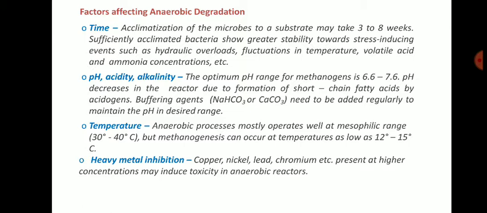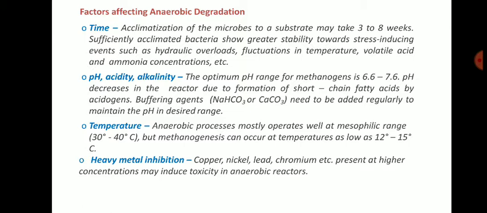Now, if these microorganisms were exposed to the organic matter in the past, the acclimatization time will be less and the treatment process will start within a short time. So time is very important as far as anaerobic degradation of organic matter is concerned.